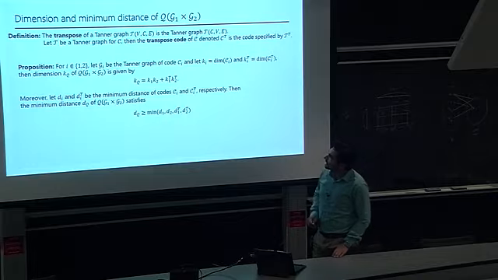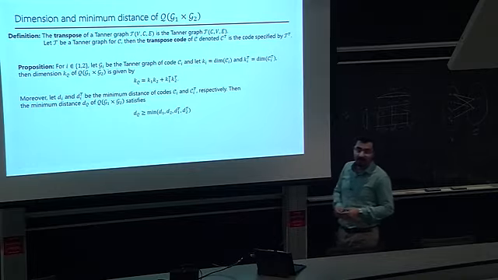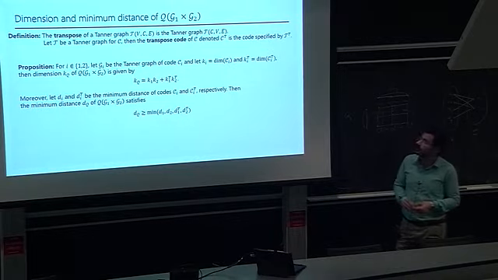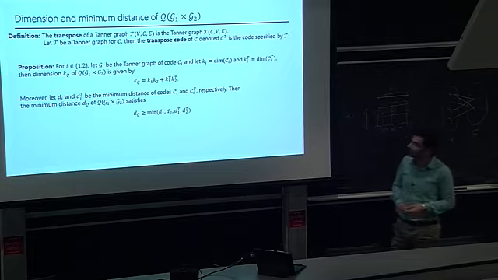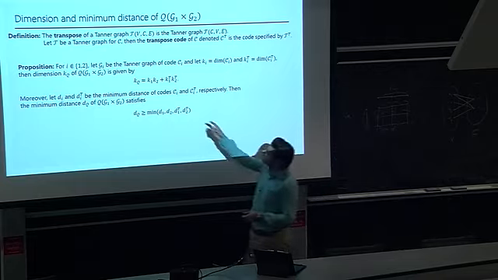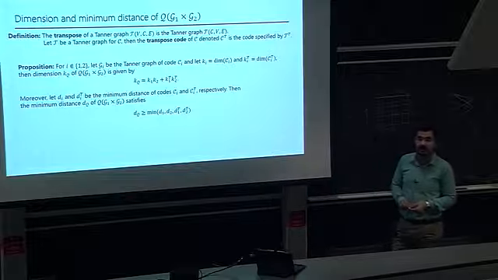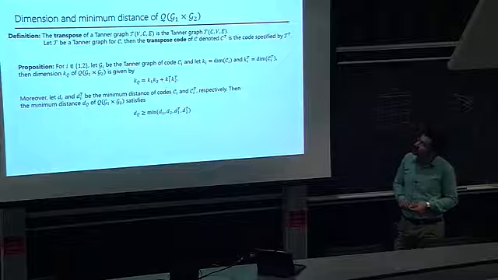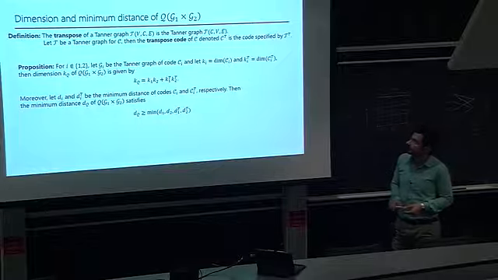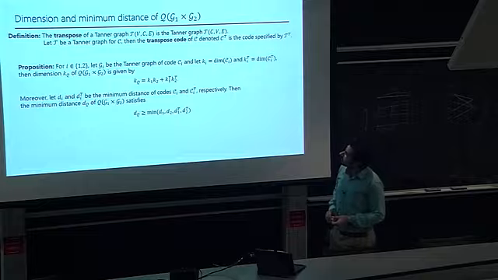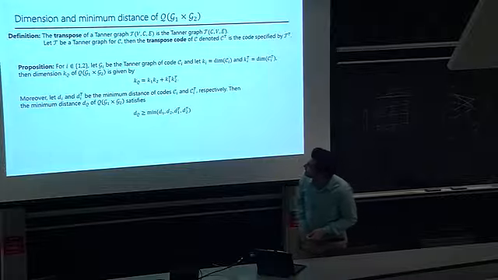Also, the dimension is specified by the dimension of the original codes and their transpose codes, and it looks like this. K1 and K2 are the dimensions of the original codes, and K1 transpose and K2 transpose are the dimensions of the transpose codes. I guess that's all I wanted to say about the result.